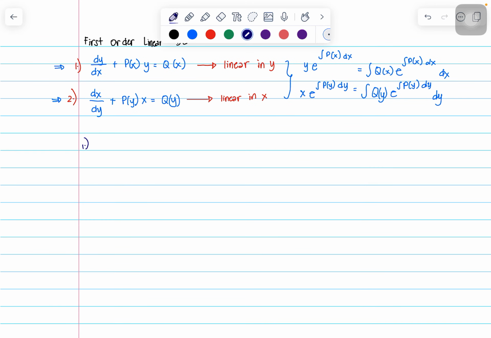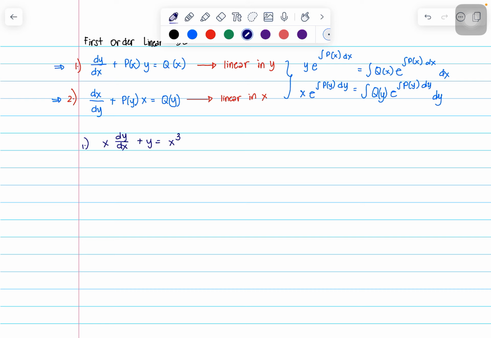Okay, let's have an example. So let's say we have this equation. We have x times dy over dx plus y is equal to x cubed. Now, as you can see, we need to have an equation similar to either of the first two.